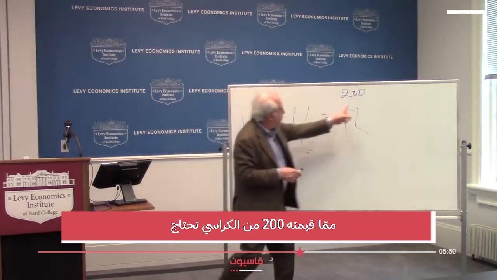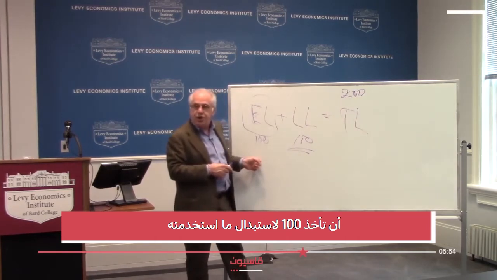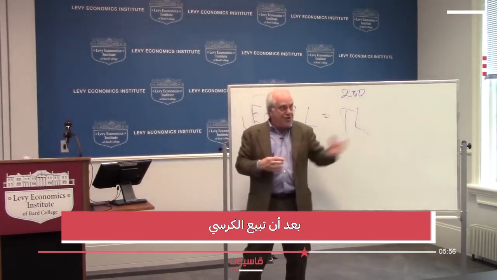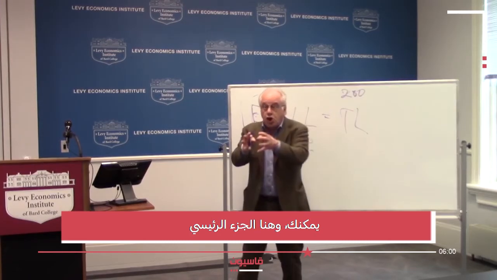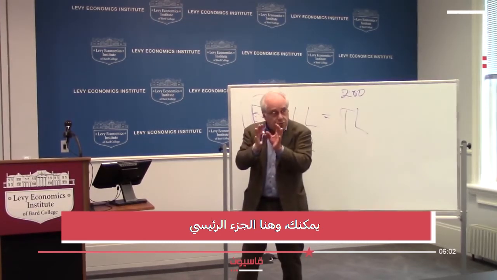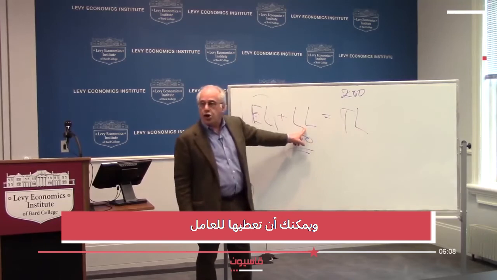Okay, so out of the 200 worth of chair, you need to take 100 to replace what you used up. That leaves you with 100 after you sell the chair. What are you going to do with the 100? Here we go now, because this is the crucial part. You could take the other 100 and you could give it to the worker.